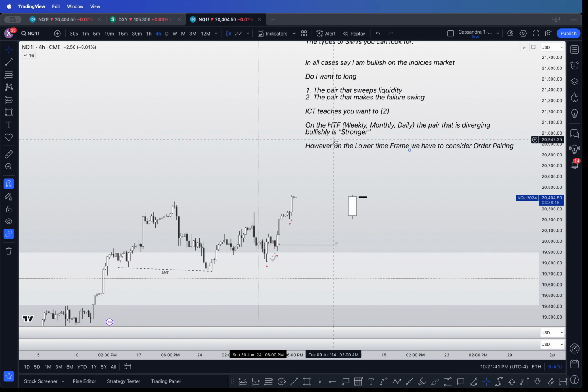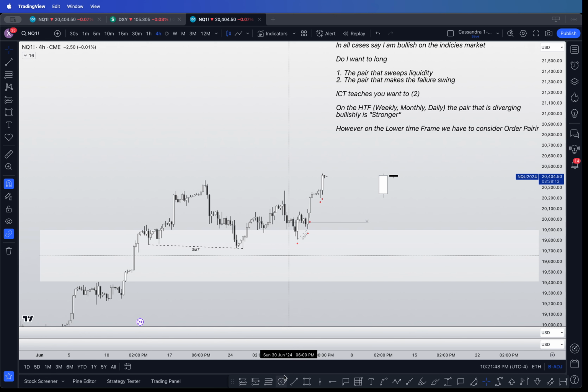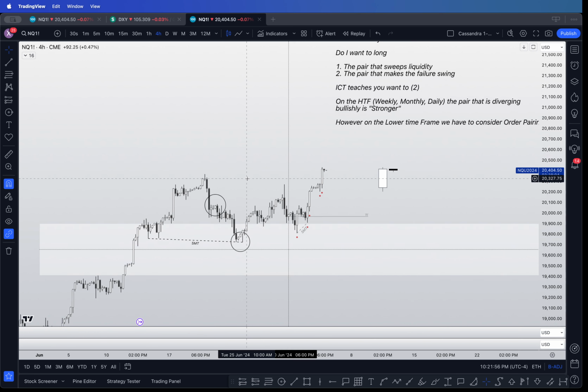On the lower time frame, we consider order pairing. So what does that mean? Order pairing means we are mapping a specific low to a specific high. That means smart money is absorbing sell stops and pairing these sell stops here with these buy stops. It's just a one-way transaction.